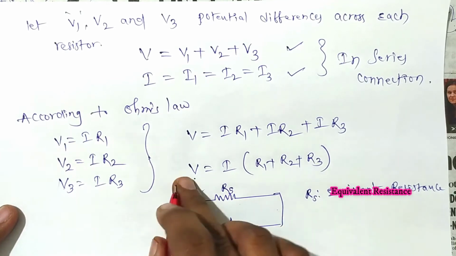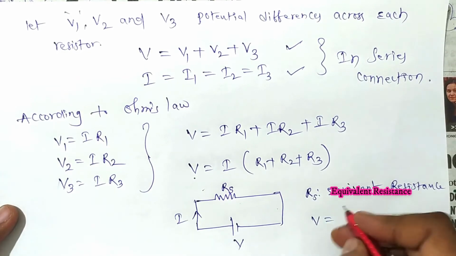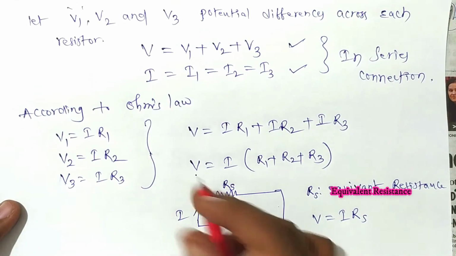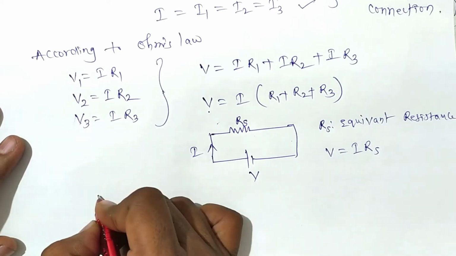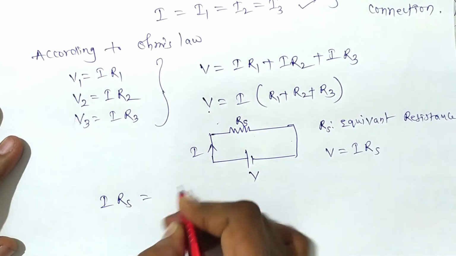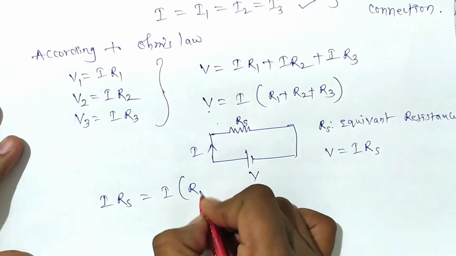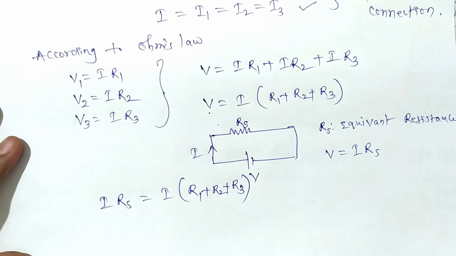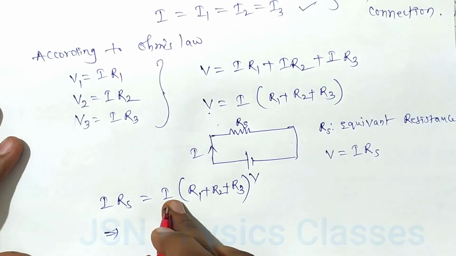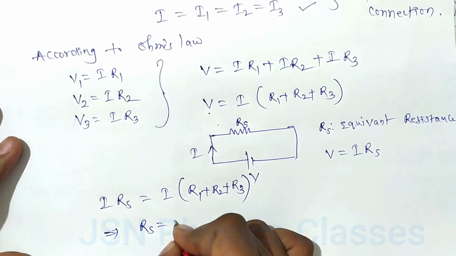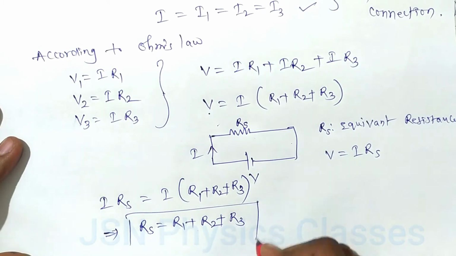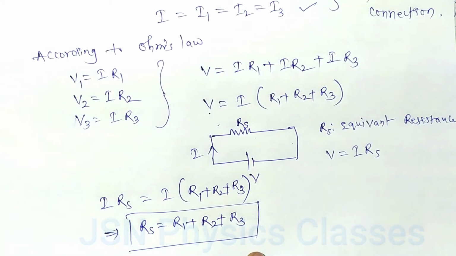So V is equal to I into RS. Now substitute: I RS is equal to I into R1 plus R2 plus R3. Here I gets cancelled, so RS is equal to R1 plus R2 plus R3. This is the equivalent resistance when the three resistors are in series.